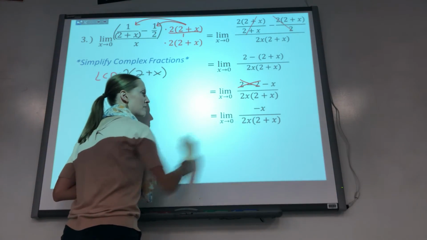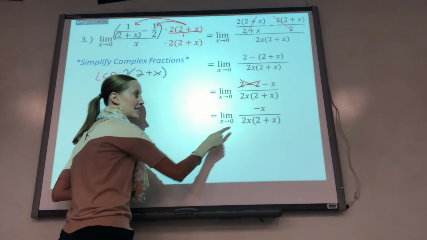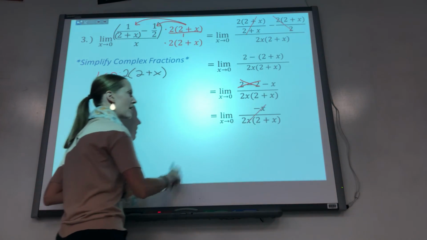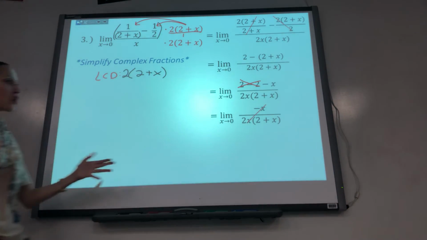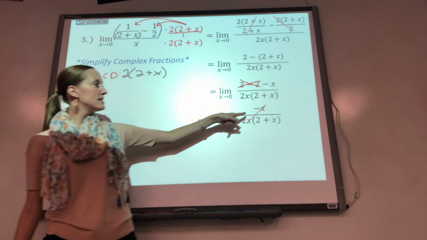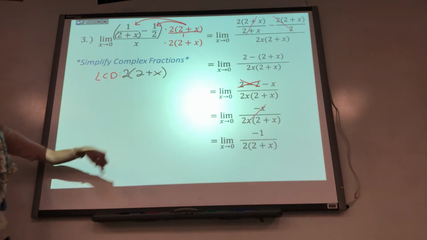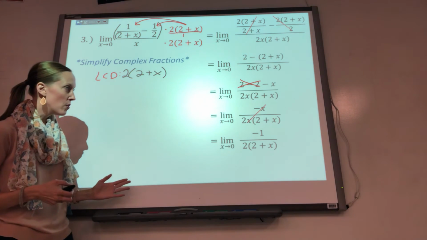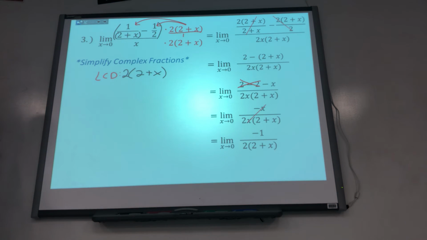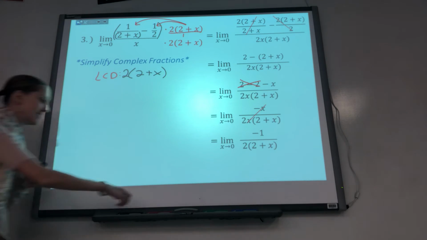See anything on top that you also have on bottom? Yeah, you also have x's there that could simplify and drop off. Now, you would still need a negative 1 on top to take care of that. And it's all over 2 times 2 plus x. The x out front is gone now, so just 2 times 2 plus x.